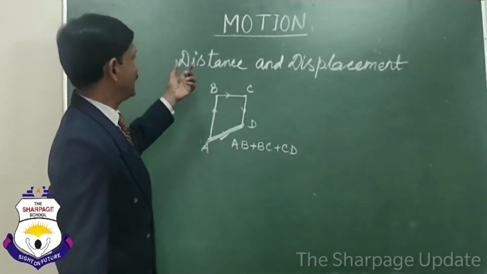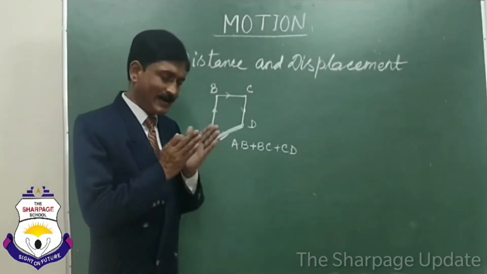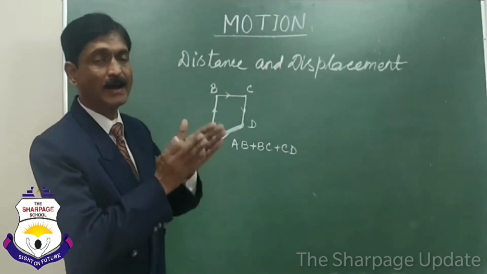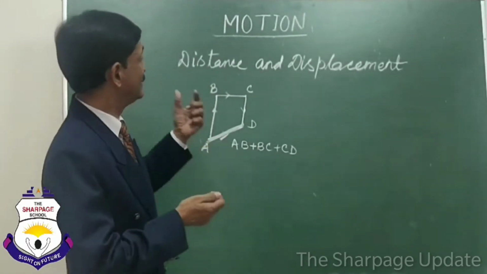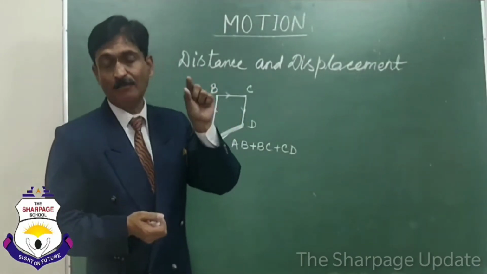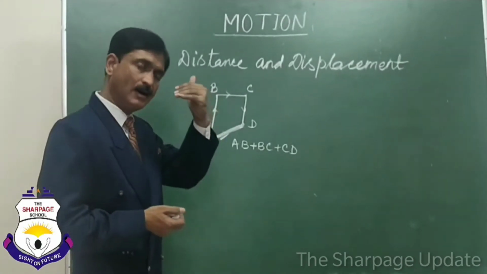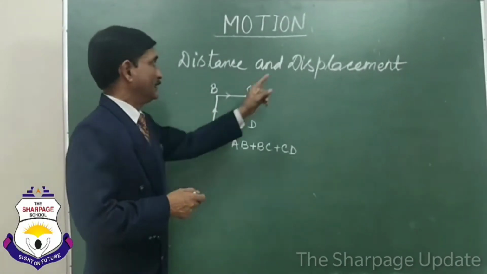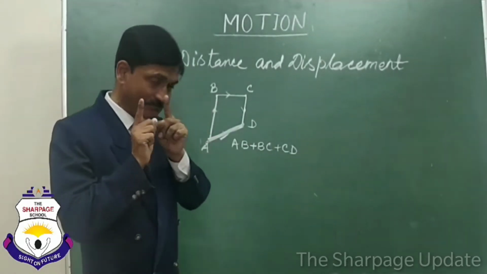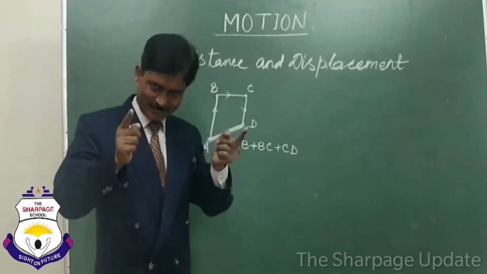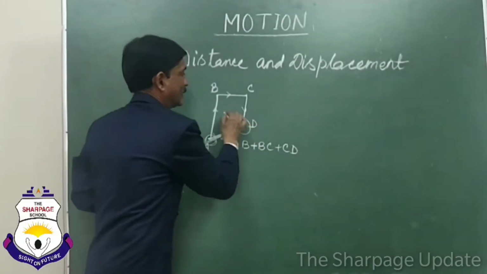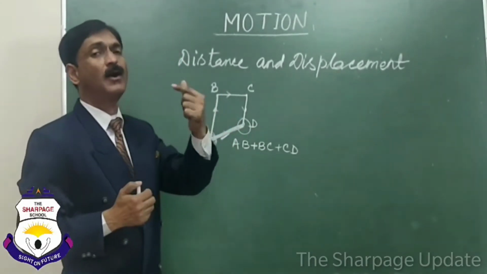So, we can define distance as the path covered by a body, or you can say that distance is the original length of the path covered by a moving object or a moving body. But displacement is the shortest distance in a straight line. Remember, I am saying shortest distance in a straight line between the final position and the initial position of a moving object.